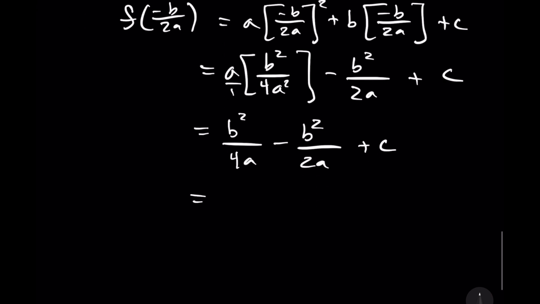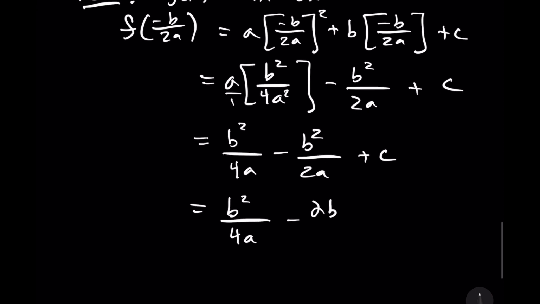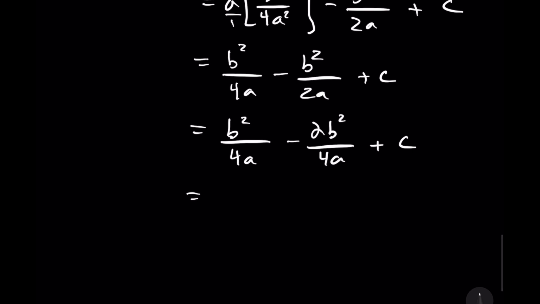We don't have common denominators. B squared over 4a, b squared over 2a. Let's just multiply the numerator and the denominator by 2. So we get 2b squared over 4a plus our c. So b squared minus 2b squared, so we have negative b squared over 4a.